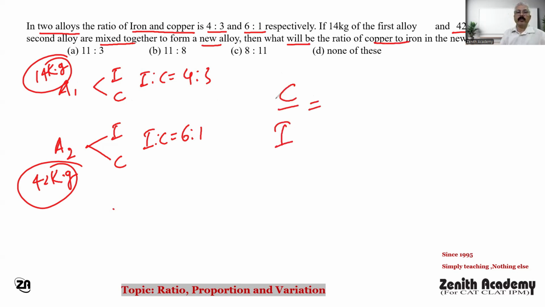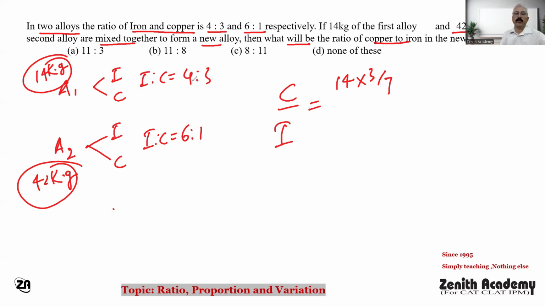So copper will come from the first and second. In the first, 14 kg, the copper will be 3/7. The ratio is iron is to copper 4 is to 3.